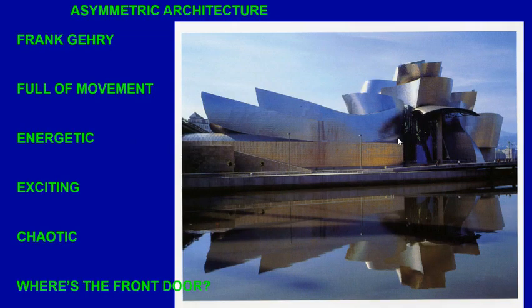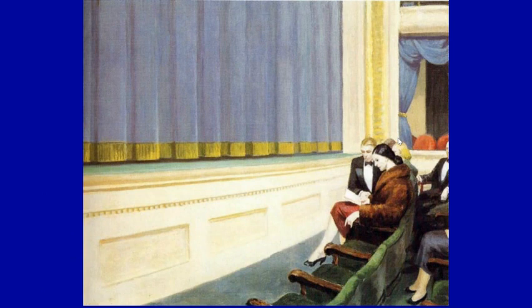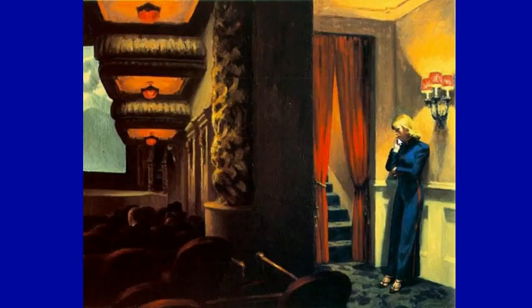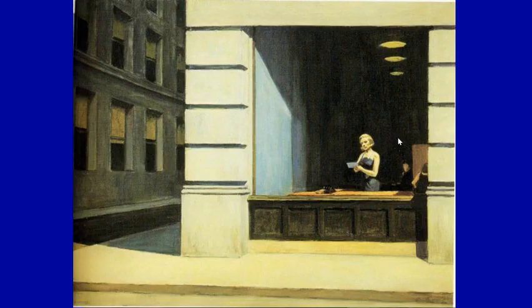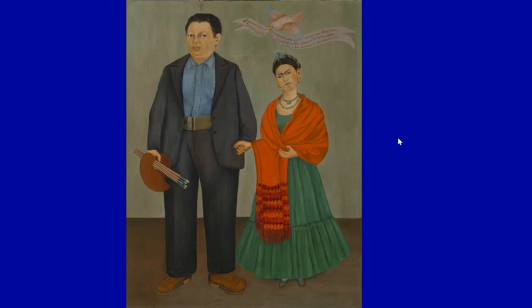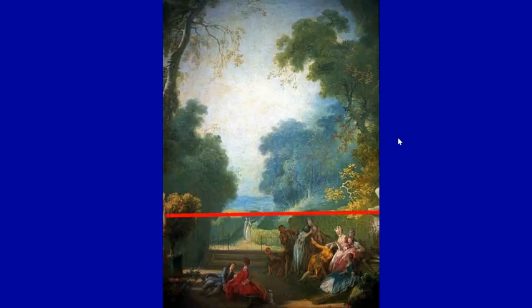And in architecture, this is an example of an asymmetrical design that is not even on both sides. And in paintings that we'll see second semester, the asymmetrical composition will look like this, especially with Edward Hopper. And it doesn't even have to be a vertical axis.